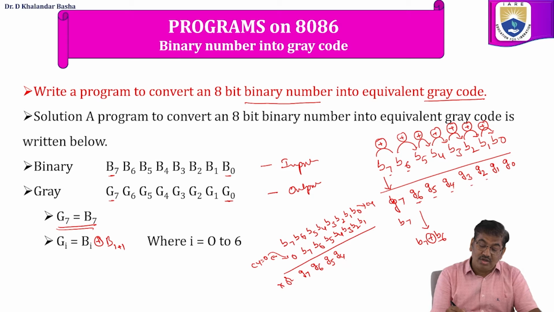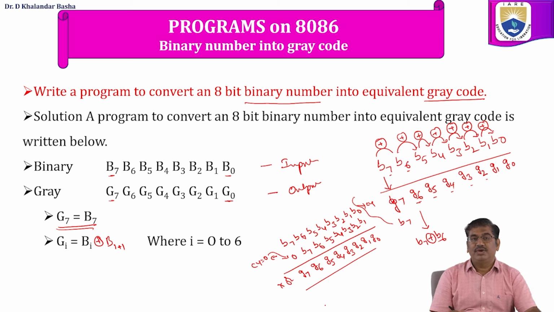B3 XOR with B4 will generate G3. Next, B2 XORed with B3 for generating G2. B1 XORed with B2 for generating G1. Next, B0 XORed with B1 for generating G0. So this is the logic which we are going to use for writing a program.